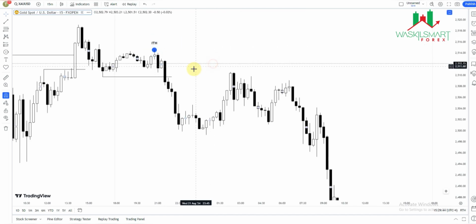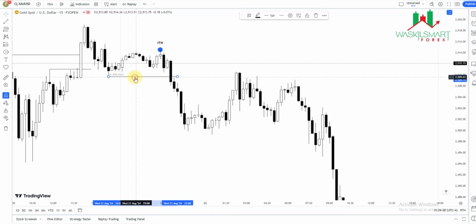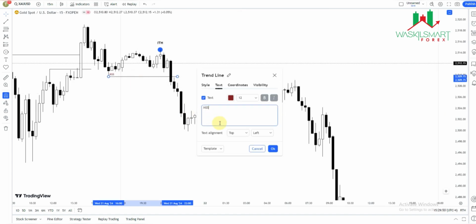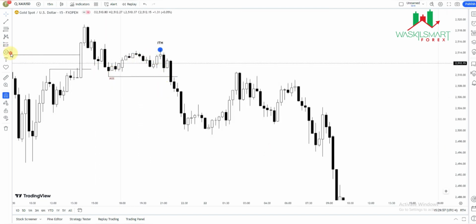Then I needed a fair value gap, right? I have an intermediate time high. I have a market structure shift here. Then I needed a fair value gap, and that's where I saw this fair value gap here.